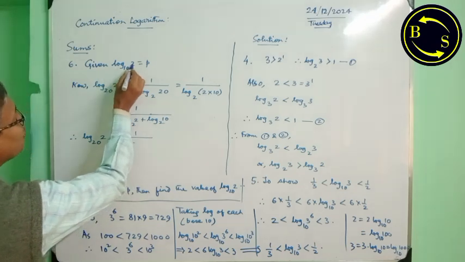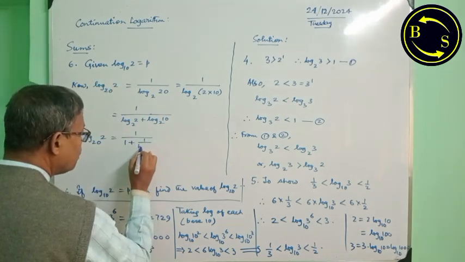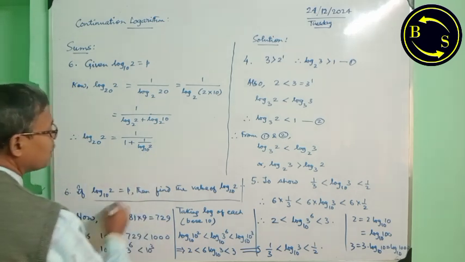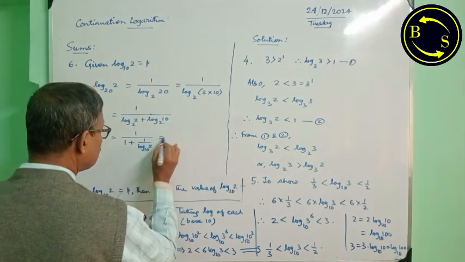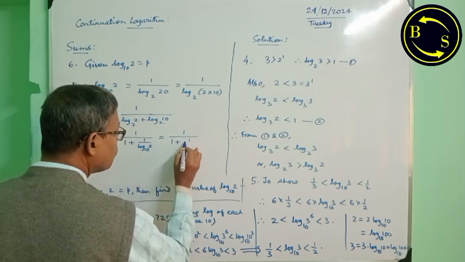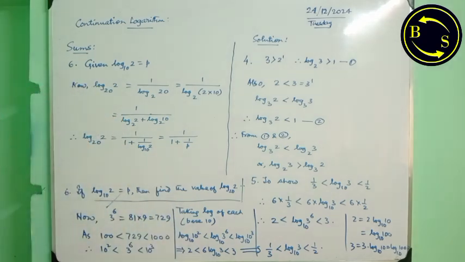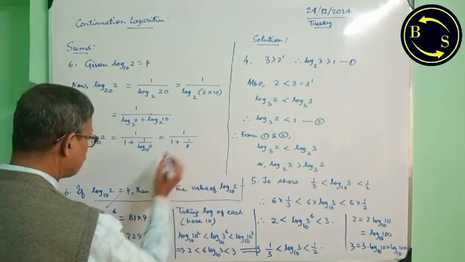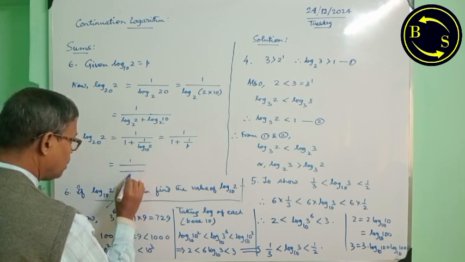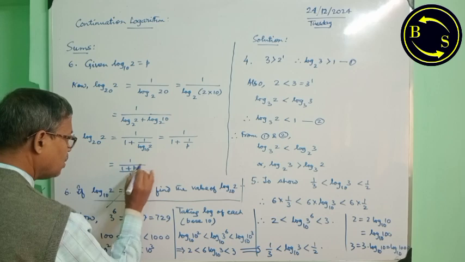We have given log of 2 to the base 10. Using the base changing formula, we can write log of 10 to the base 2 as 1 by p. Therefore, this will be equal to 1 by 1 plus 1 by p. Now we simplify this one. The denominator is p, 1 plus p.